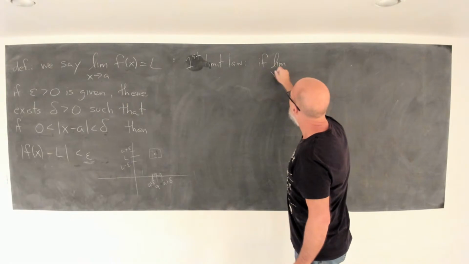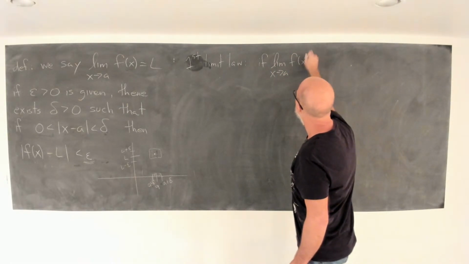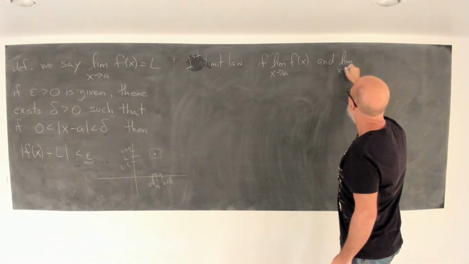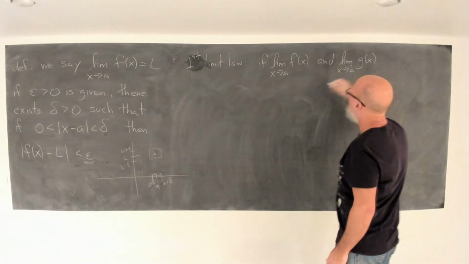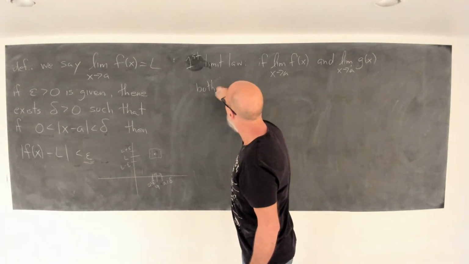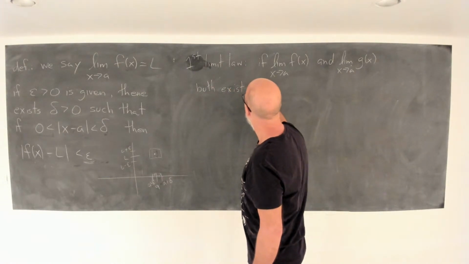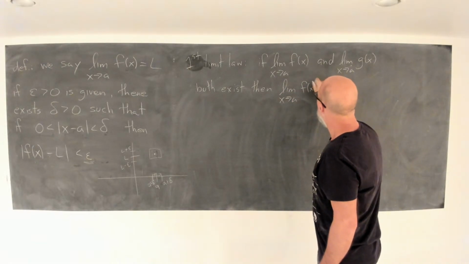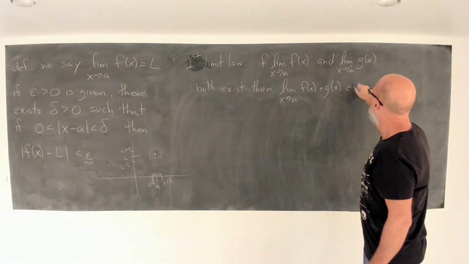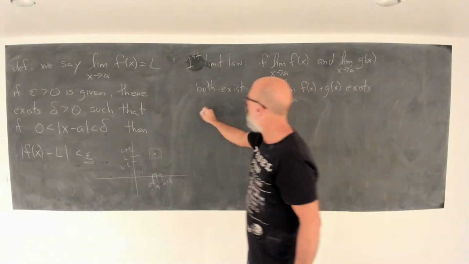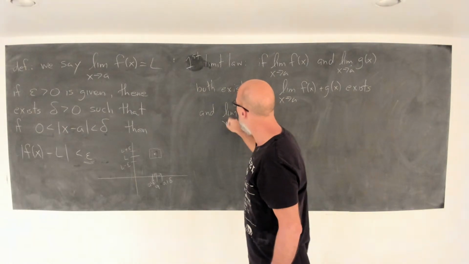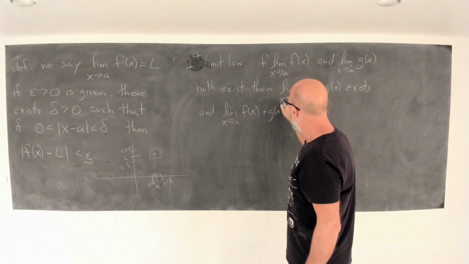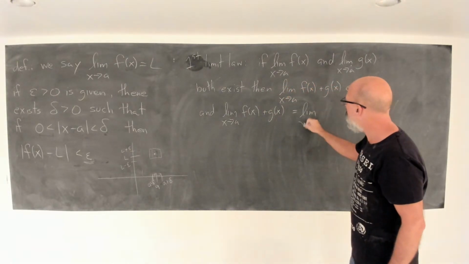If the limit as x goes to a of f of x exists, then the limit of the sum exists. And the limit of the sum is equal to the sum of the limits.